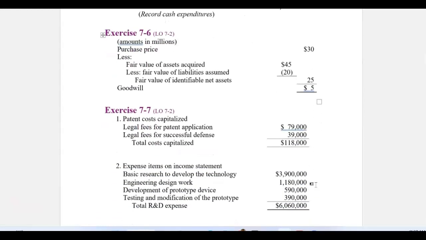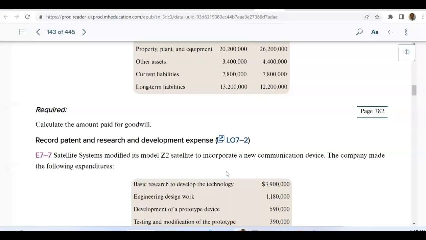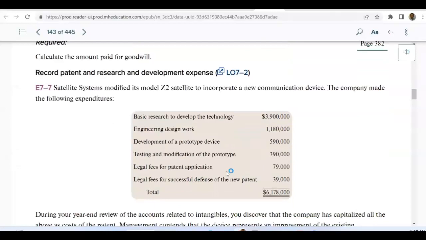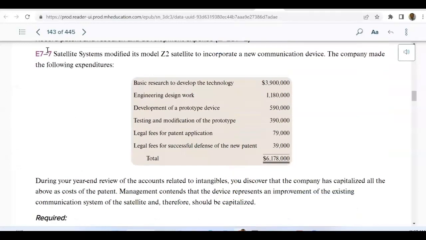Okay, since we are doing this, let's do one more, and that will be problem 7. Satellite system modified its Model Z2 satellite to incorporate a new communication device. The company made the following expenditures: basic research to develop the technology, 3.9 million.